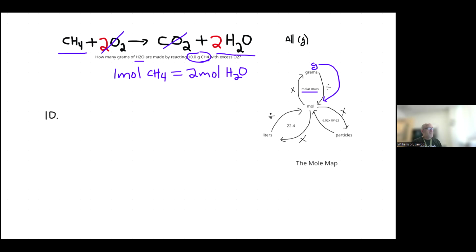When I look up the molar mass of carbon and hydrogen, CH4 is basically 12.05 grams per 1 mole.